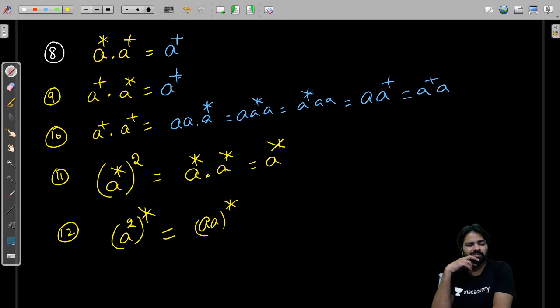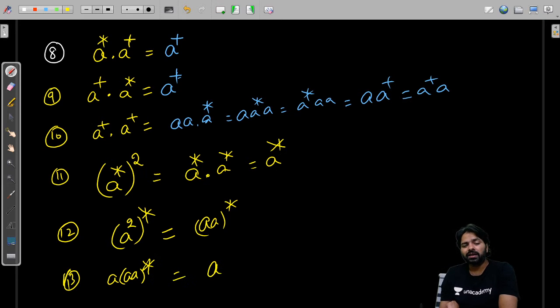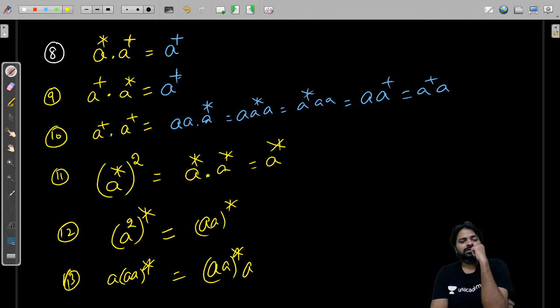All are even A's only. In case you have A followed by double A whole star, you can rotate it the other way: double A whole star followed by A. Clear? That's why when we do this addition, even A's and odd A's, you will get all the A's, A star. Okay, let's focus on some questions, guys.